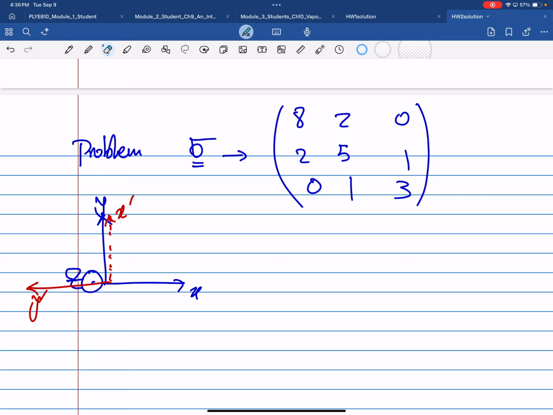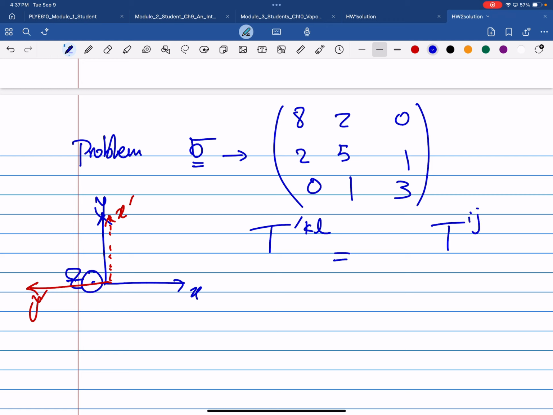So tell me what was the rule. Let's say I have the new representation of the tensor this time. I'm calling it T prime KL, and I have my original one, I'm calling it Tij.